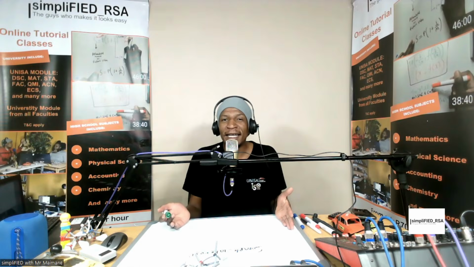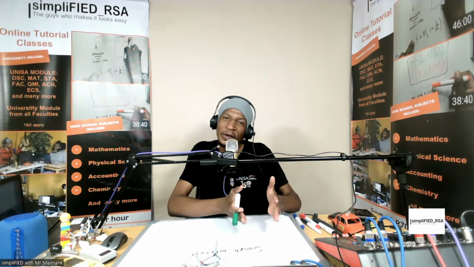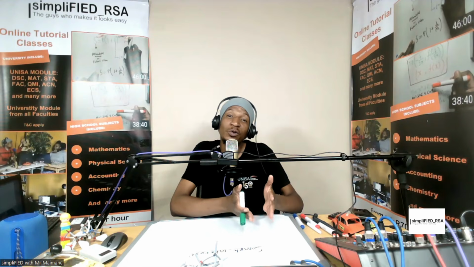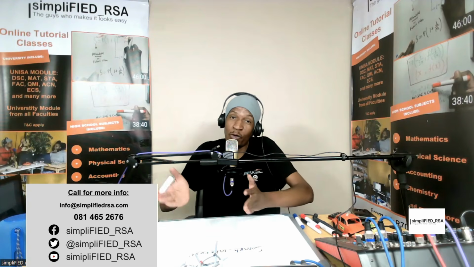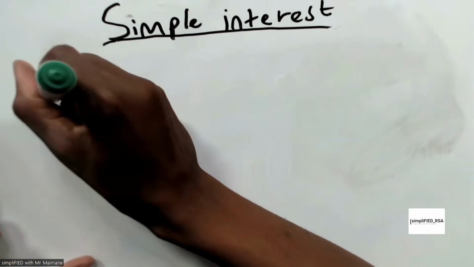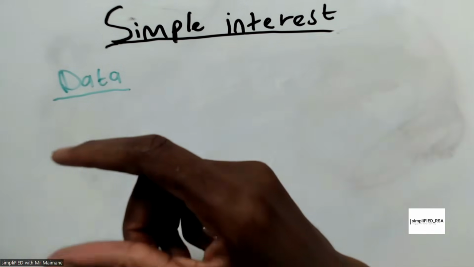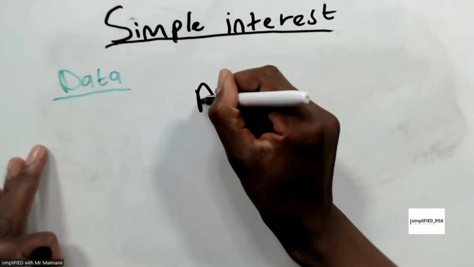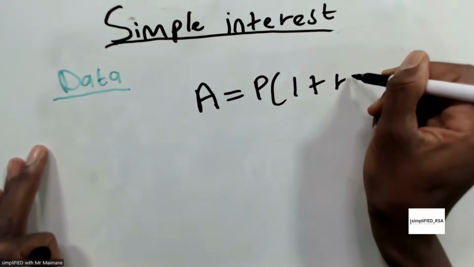I also recommend that before you start calculating anything, you show the additional information on the side. What do you have from the question that helps you calculate what you want? You already know that the word simple interest has been mentioned, so you know you're going to use the simple interest equation, which is, let me write it here, A equals P(1 plus RT).